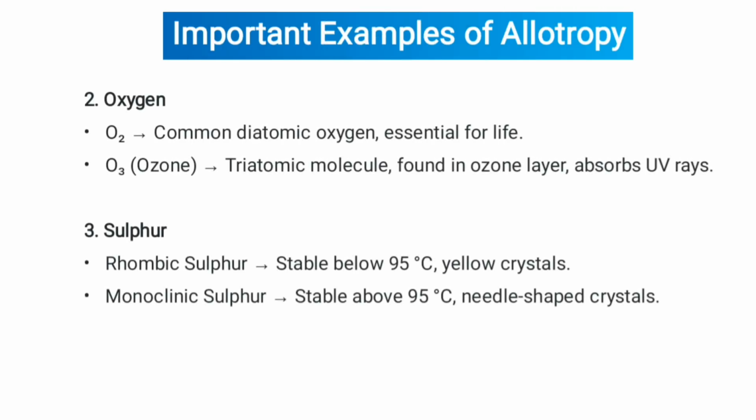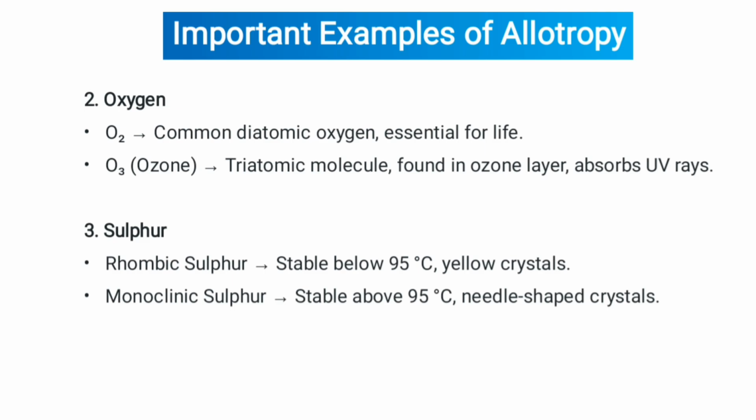And the second one is oxygen. Oxygen has two common forms: O2, diatomic oxygen, essential for life. And O3, ozone, a triatomic molecule found in the ozone layer, which absorbs UV rays.